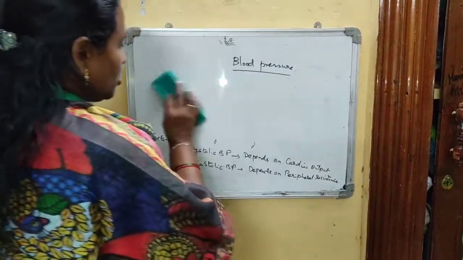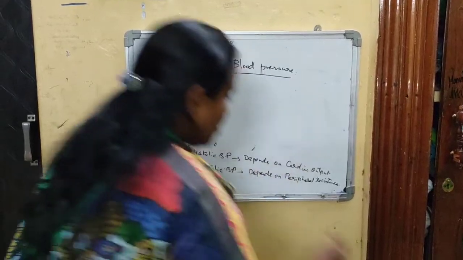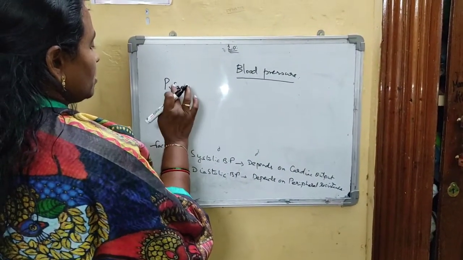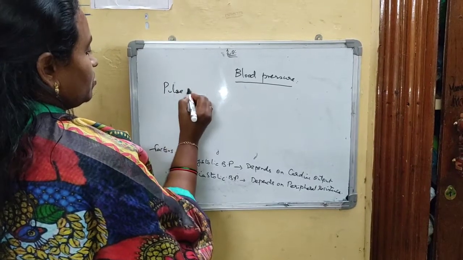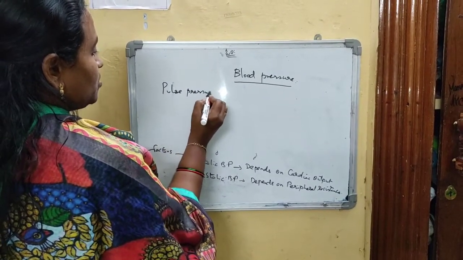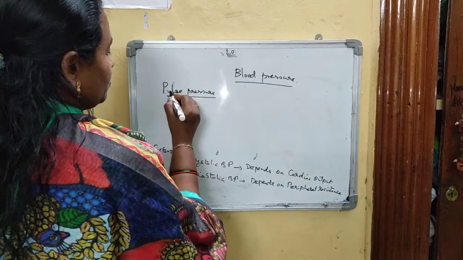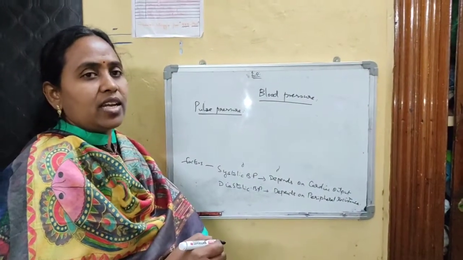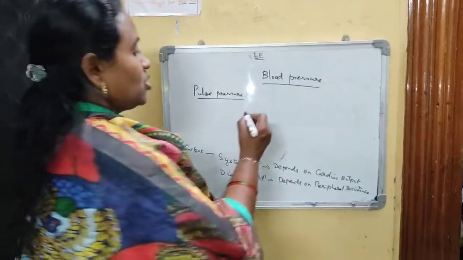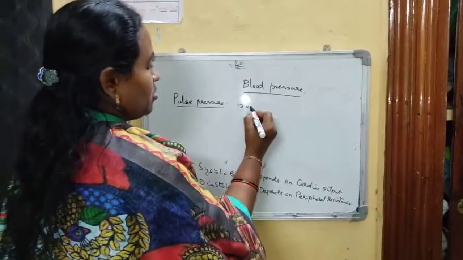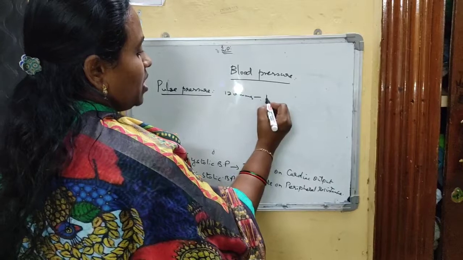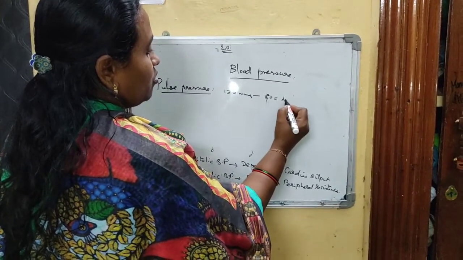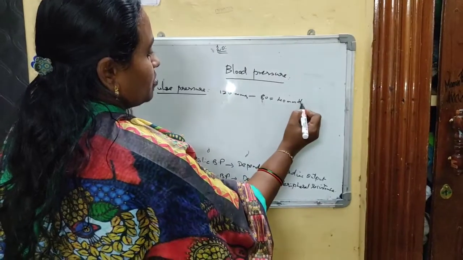Here you are supposed to remember some other terminologies like pulse pressure. So what is this pulse pressure? This is the difference between the systolic and the diastolic blood pressure. So it comes around 120 mm of Hg minus 80, which is equal to 40 mm of Hg.